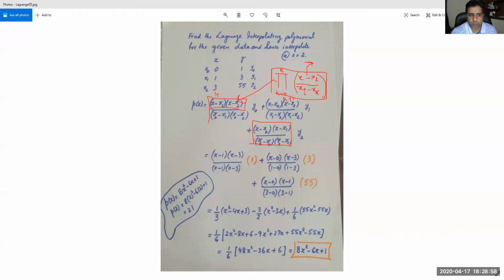You need to recompute all such factors. So there is not a built-in mechanism if you include some data point in the given table of values, or even if you exclude some point, you say, oh, this point was not okay, this reading was not correct, then you have to repeat all these calculations.